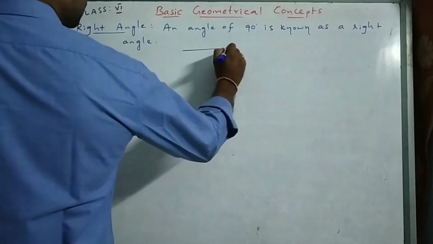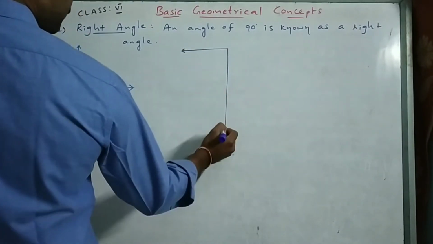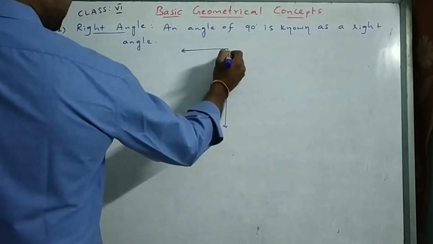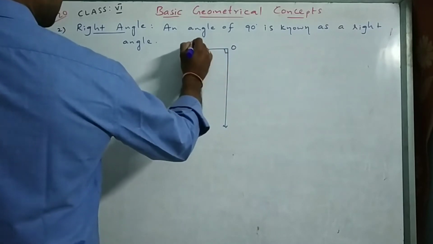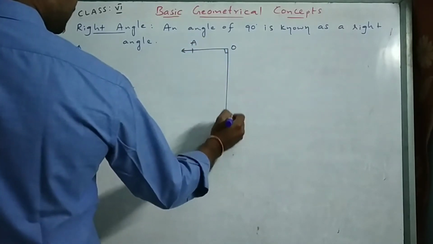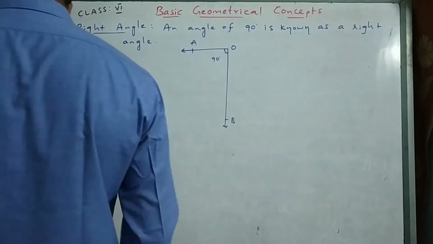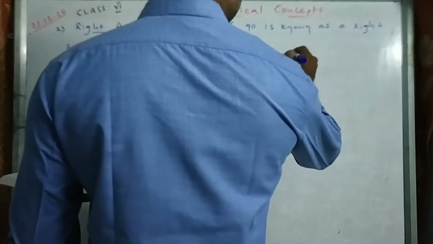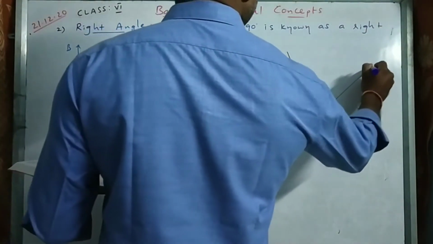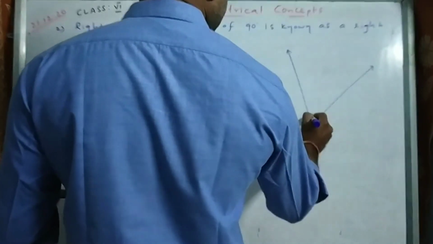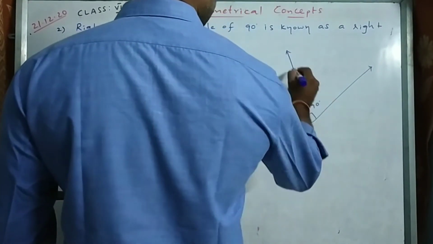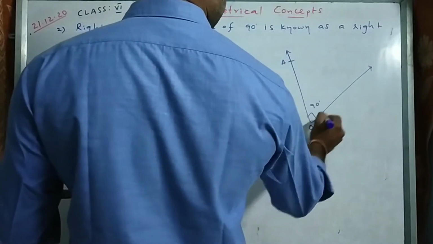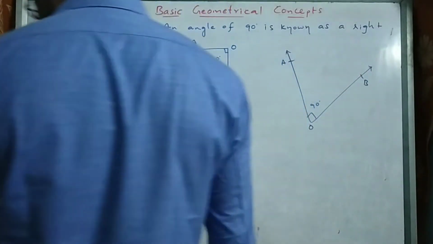Otherwise you can draw downward also like this. So this is exactly 90 degrees. AOB, 90 degrees. Otherwise you can take like this also. This is 90 degrees. Angle AOB.